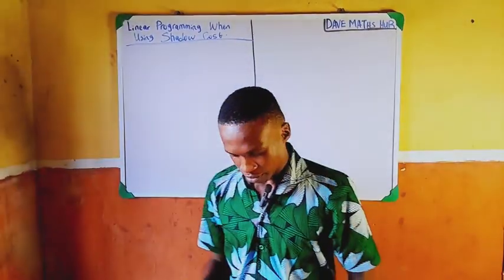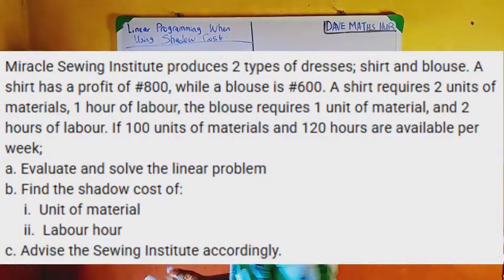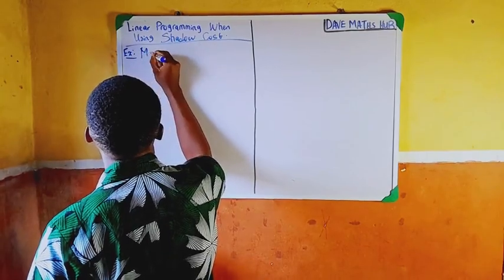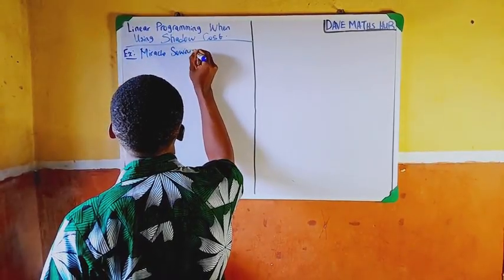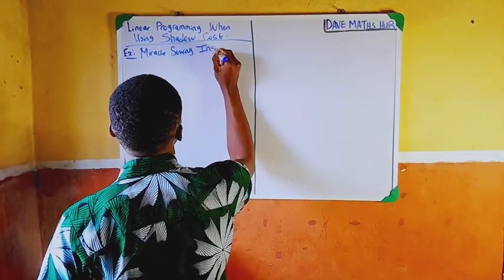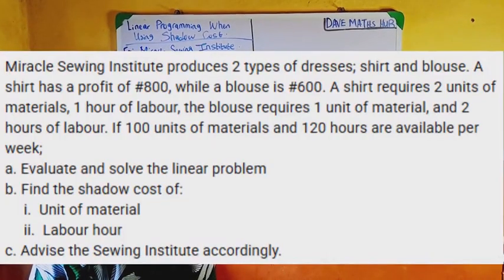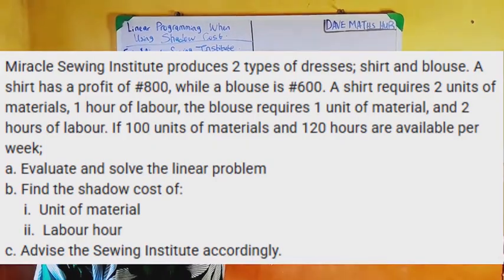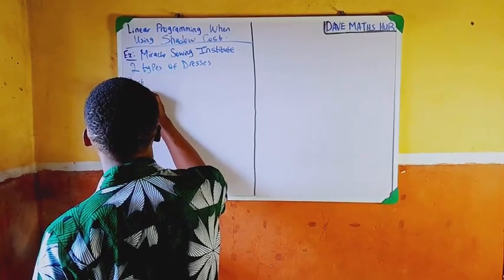Now it says Miracle Sewing Institute produces 2 types of dresses. The first one being a shirt and the second being a blouse.